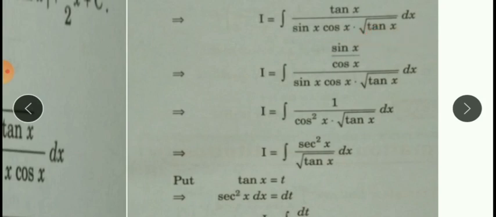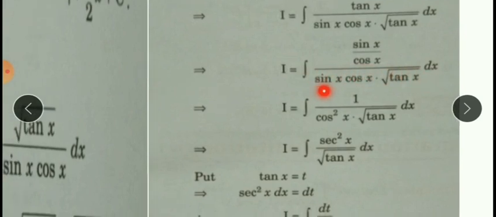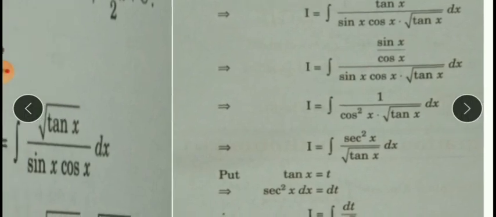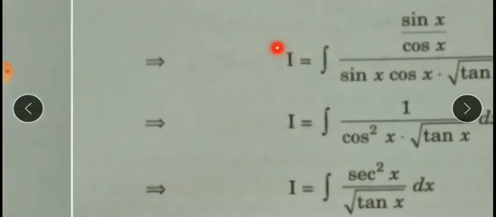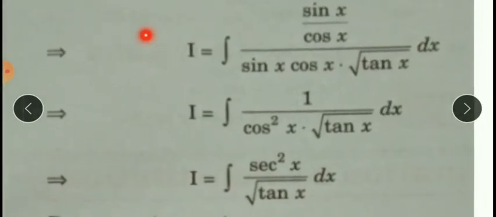Tan x can be written as sin x upon cos x. I is equal to integration, numerator becomes sin x upon cos x and denominator is sin x cos x root tan x. After simplification, the numerator contains sin x and the denominator also contains sin x, so they may be divided.